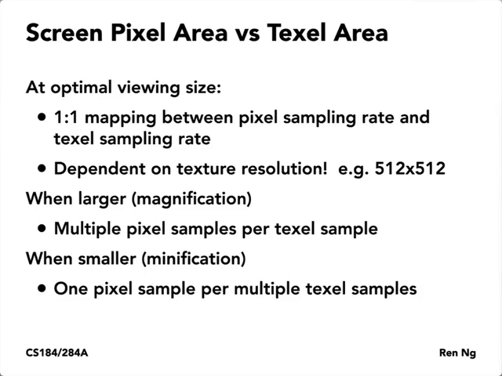When it's larger in the magnification case on the screen compared to the texture, as I showed you in the previous slides, we'll have multiple pixel samples per texel sample. Texel is just a short name for texture pixel, a texture image pixel. That's what a texel is. When it's smaller in the minification case, one pixel in the screen will sample multiple texel samples, okay?